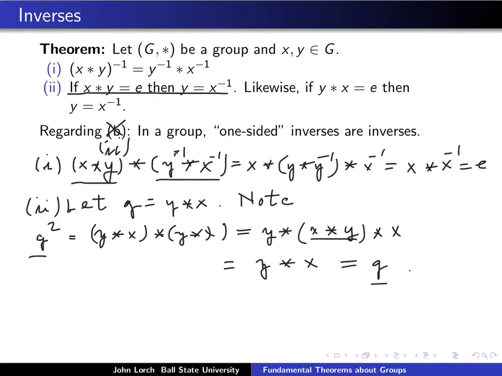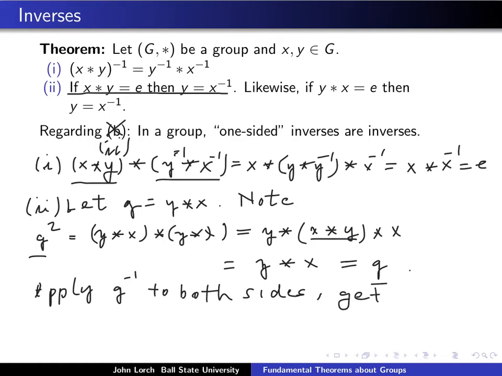Now G must have an inverse in this group. So if we apply G inverse to both sides, that is, we multiply by G inverse on both sides, and then what do we get?